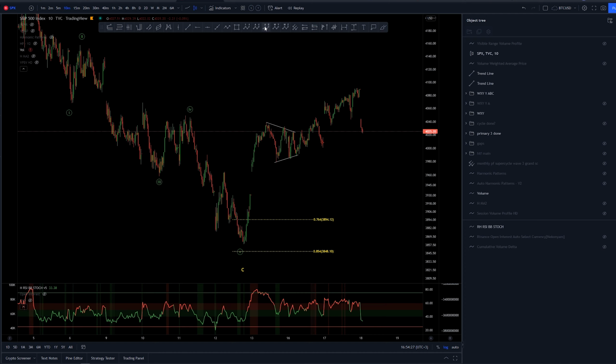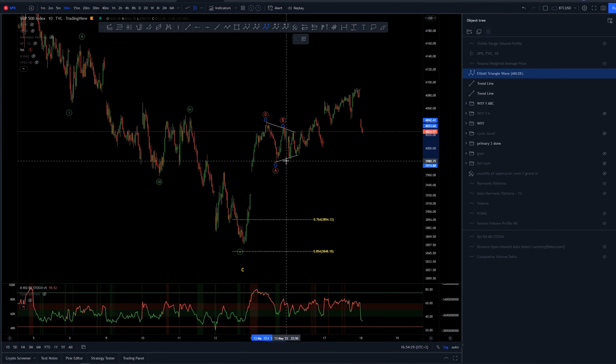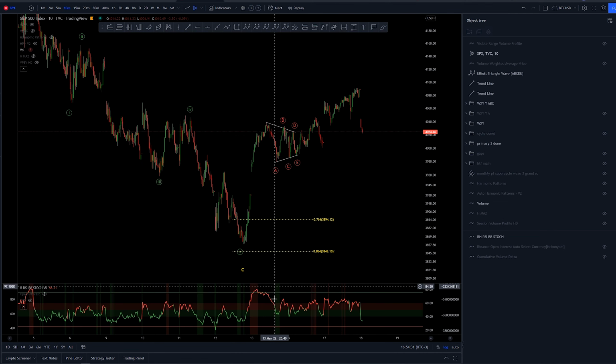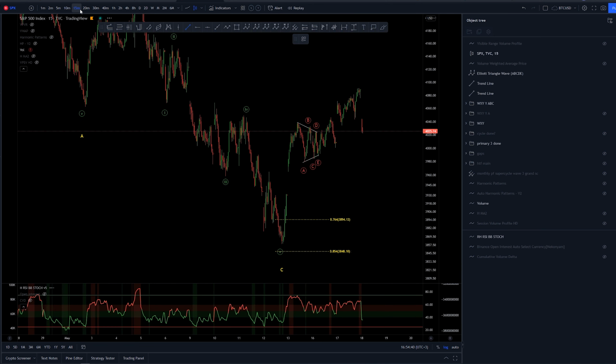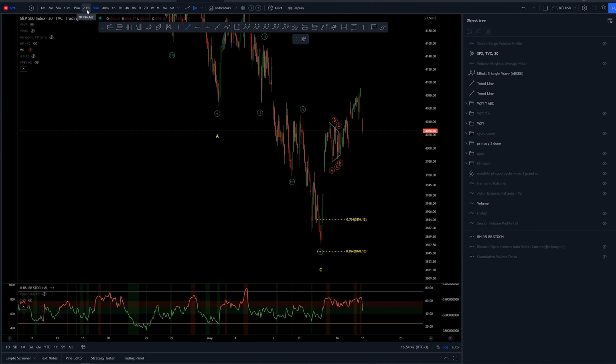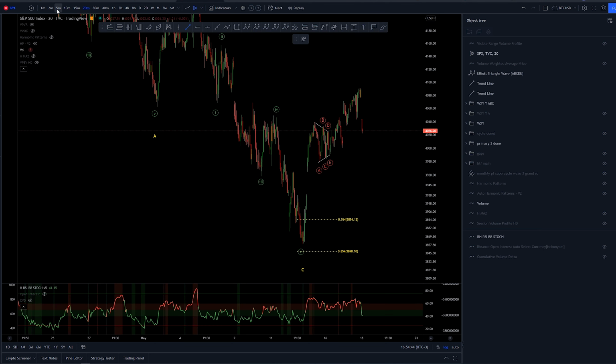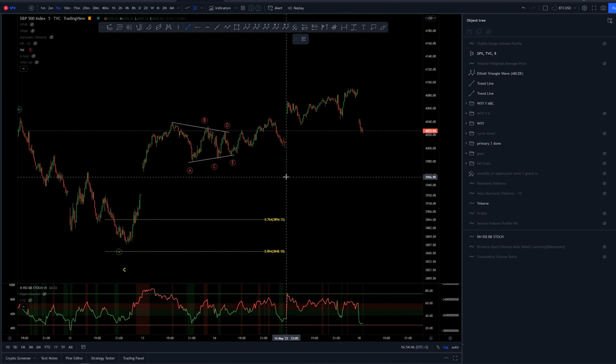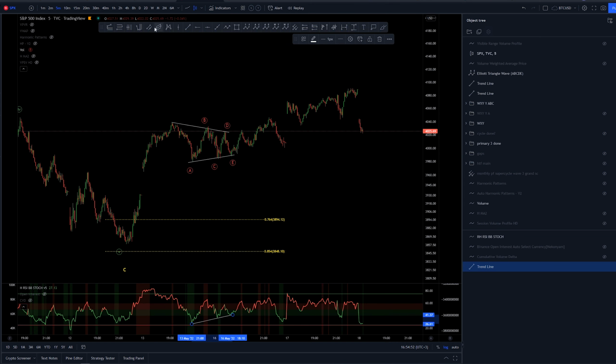So we could be saying this is A, B, C, D and E. We can see the whole structure as well right on the, well actually we can't see it here. Yeah, probably it is not. Well, on 5 minutes we can see it better. On 5 minutes we can see the triangle here.